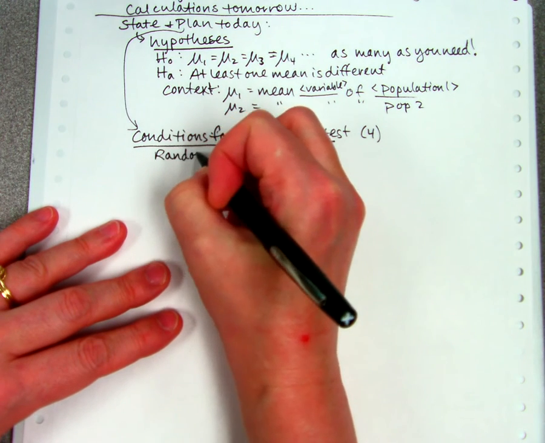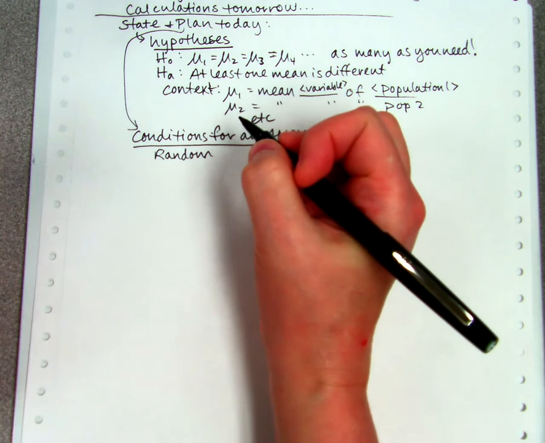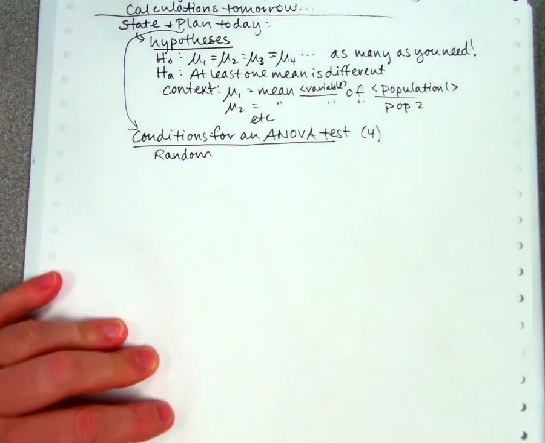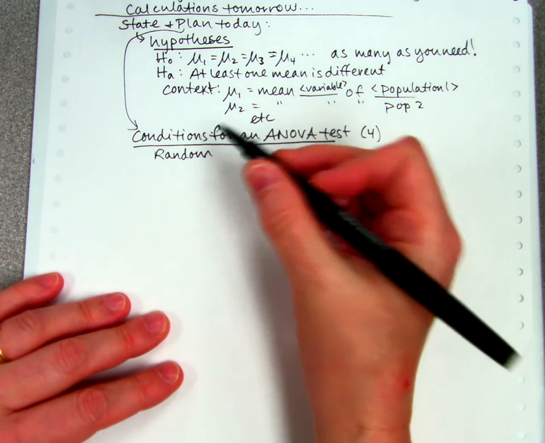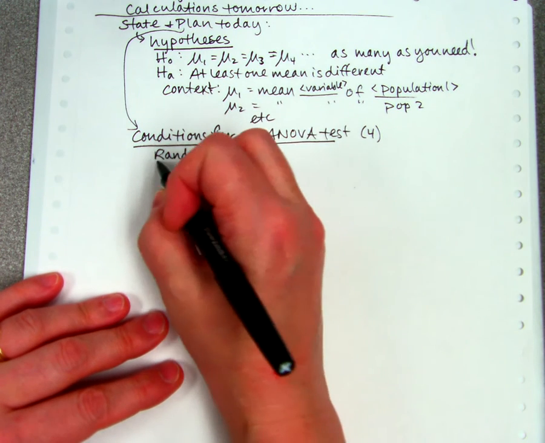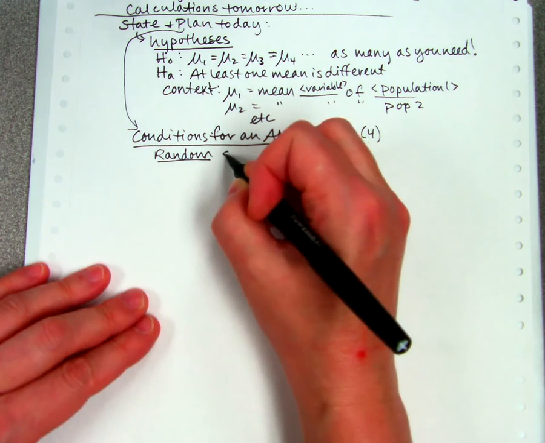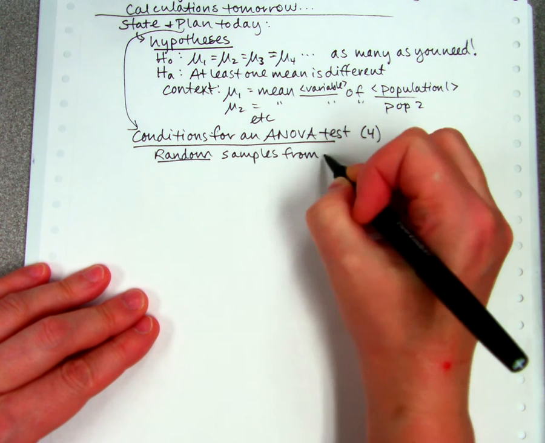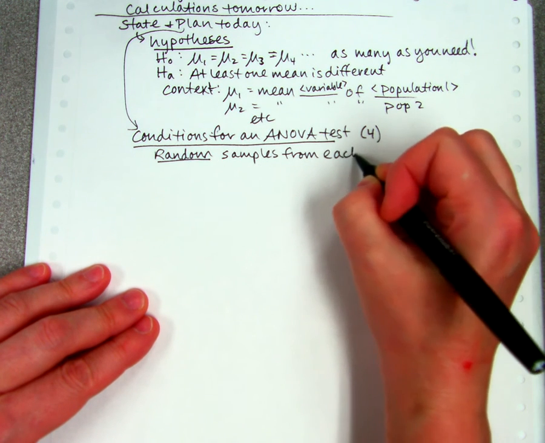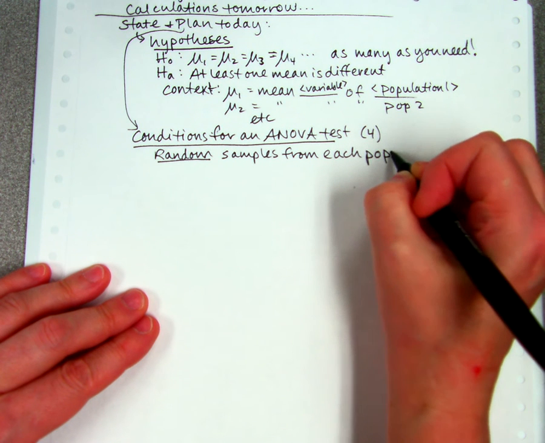You probably could have guessed that we're going to start with random. In fact, all 4 of these conditions you've seen before in other places. The first 3 are very familiar, and then the 4th one we've only seen once, but that's okay. Random, you have to have separate random samples from each population. There's usually more than 2. I suppose you could do an ANOVA test on 2 means.